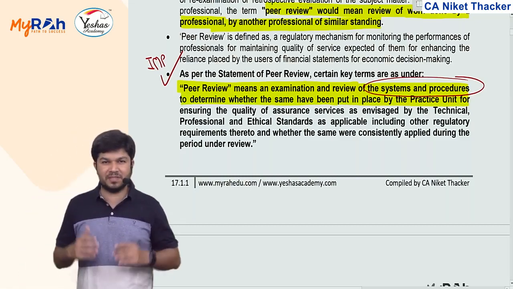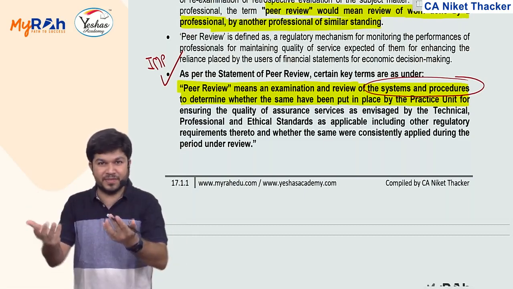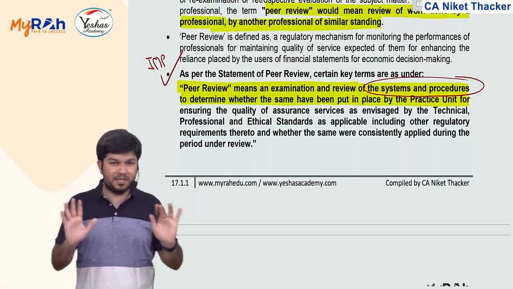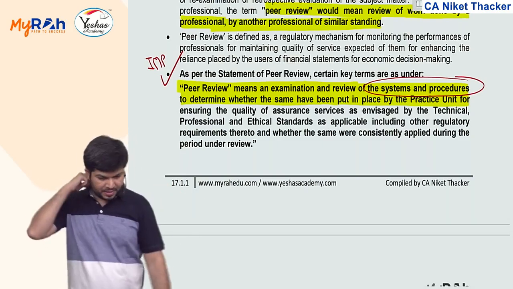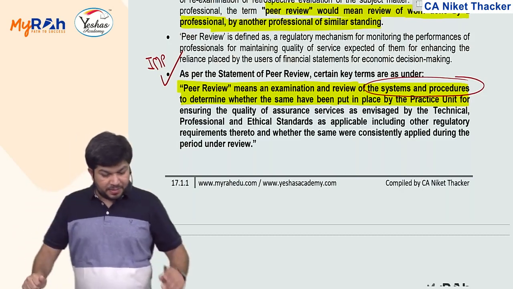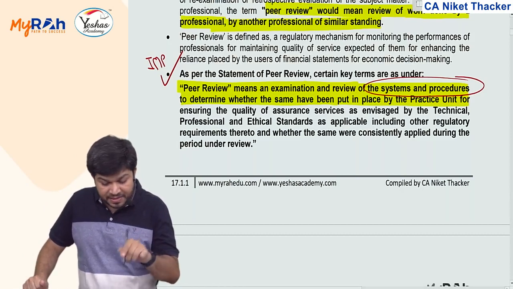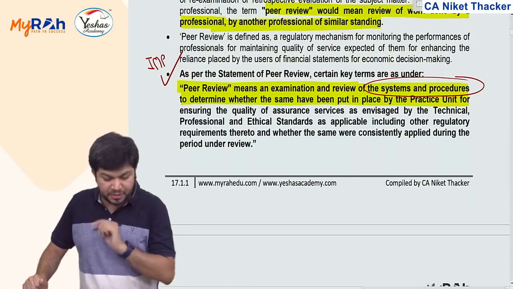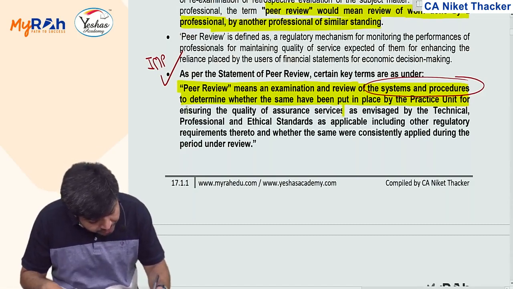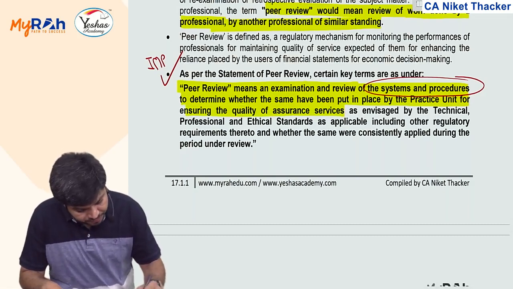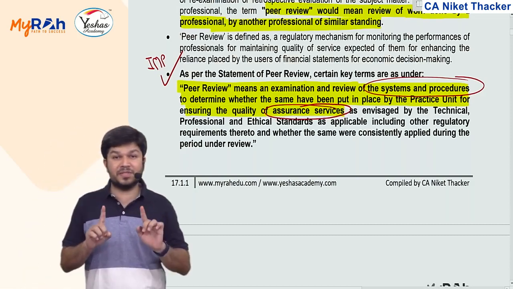Practice unit is the practicing CA or a practicing firm of CA, an individual CA or a firm of CA. PU is practice unit. Examination and review of systems and procedures to determine whether they have been put in place by the PU for ensuring quality of assurance services.